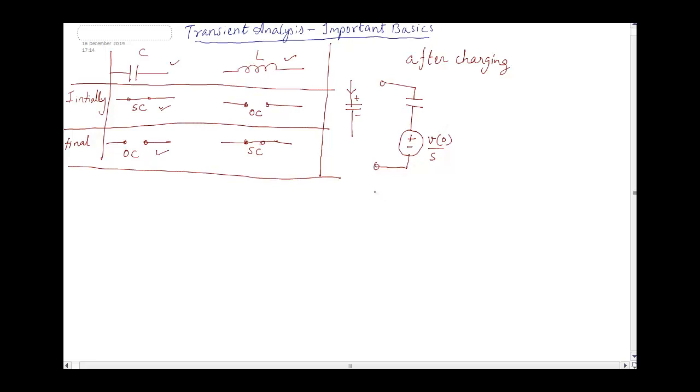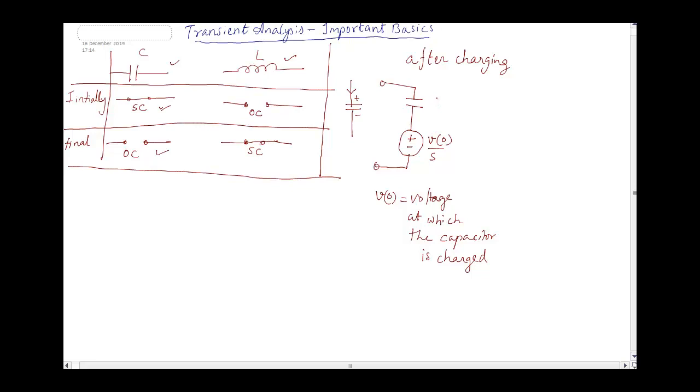V0 is the voltage at which the capacitor is charged. How do we find out this voltage? That I will tell later.